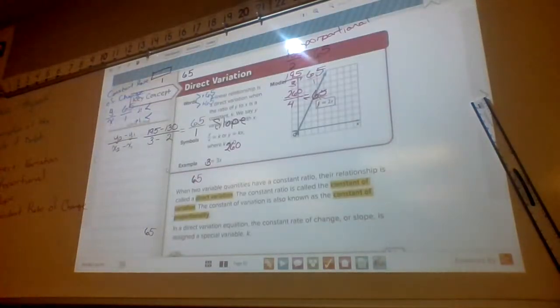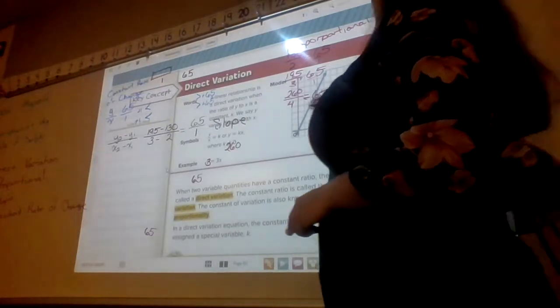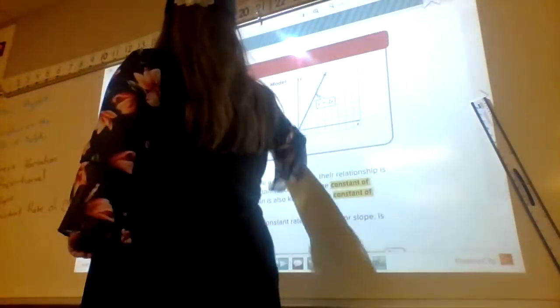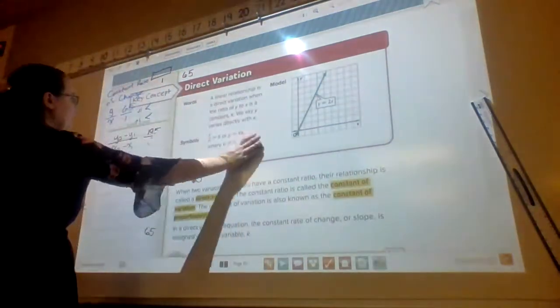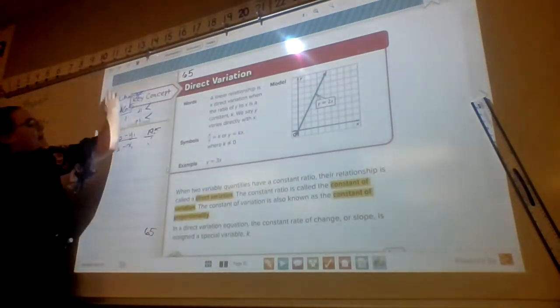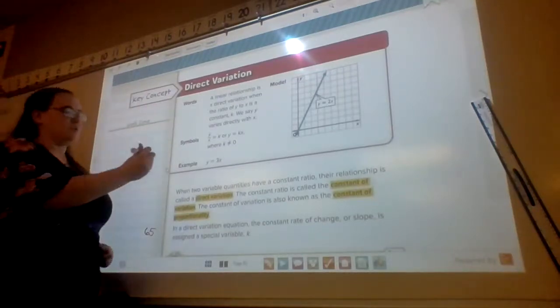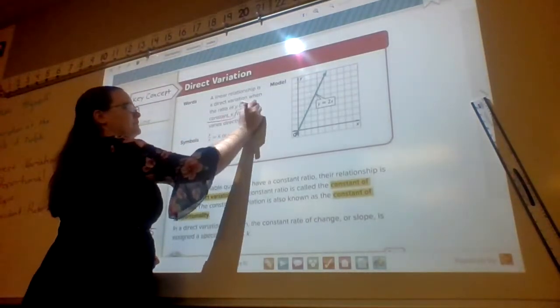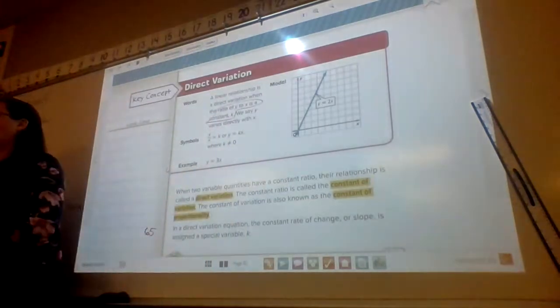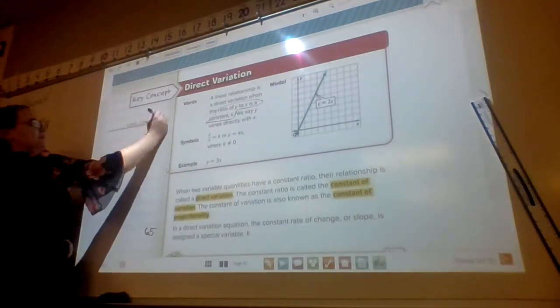All right, so what we need to know, and I'm sorry about all my writing across it now: a linear relationship is a direct variation when the ratio of y to x is a constant k. So this is what's important: y over x equals k.